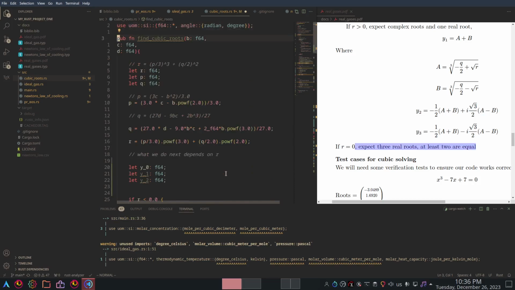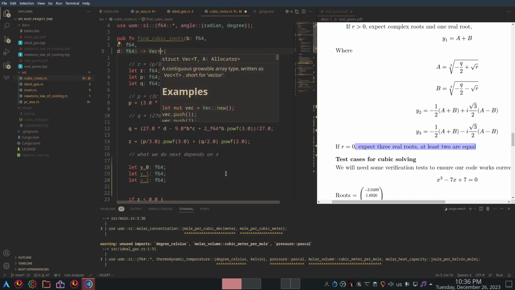Find cubic roots should have some way to tell us that, hey, we only have 1 real root or we have 3 real roots. There are some ways we can deal with this. One of the ways is that we return a vector of f64.